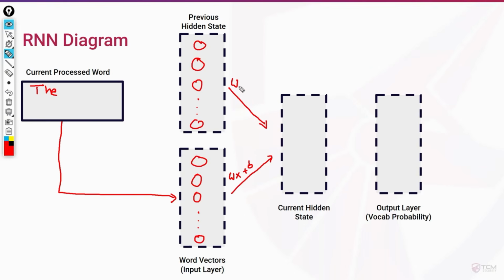So maybe we'll just call this WH for the weights times X, where X is again going to be the activation of these, plus a bias. And we're going to sum these together actually, and then put it through the activation function. And that's going to give us our current hidden state. And again, these are all just neurons, just like we've been talking about before.